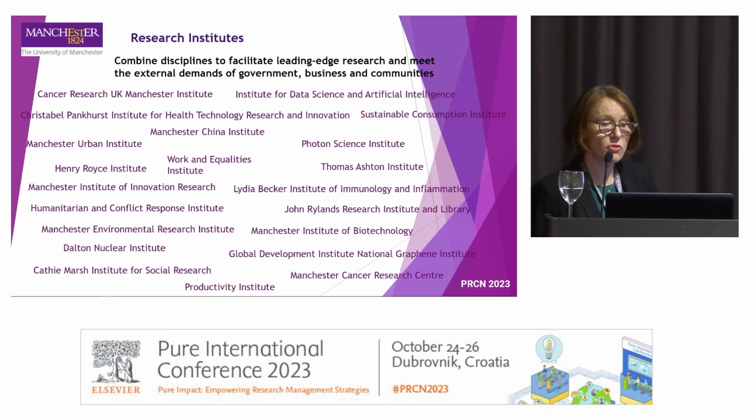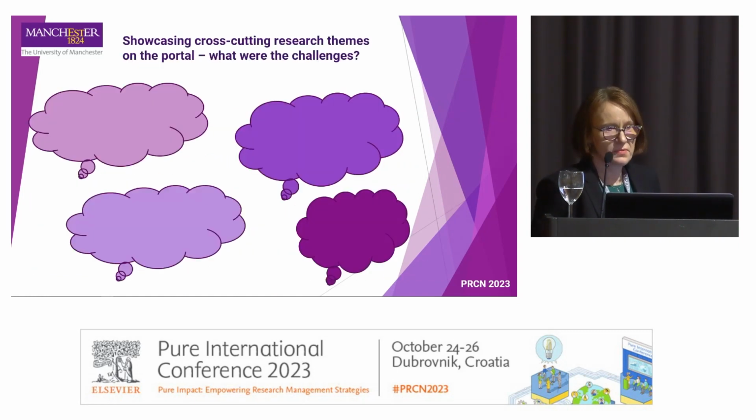That would be the Henry Royce Institute with other UK partners, and the Productivity Institute. But as you can see, they cover so many different areas of research, and so they are part of our research environment. So what are the challenges that we were facing on showcasing those research themes on the portal?